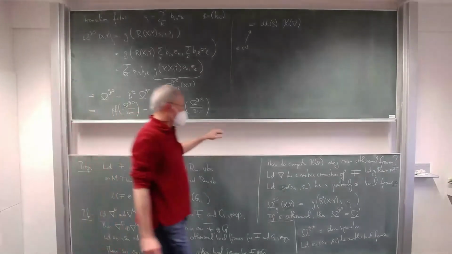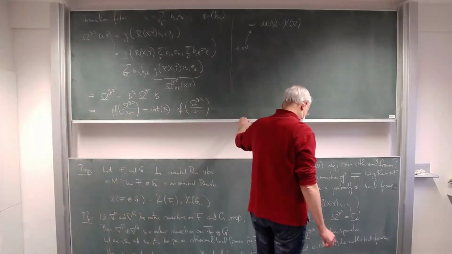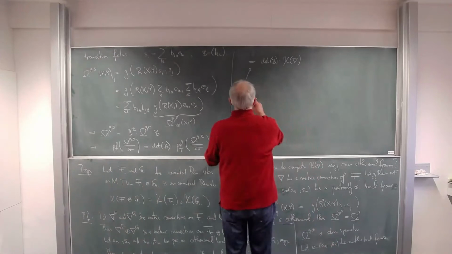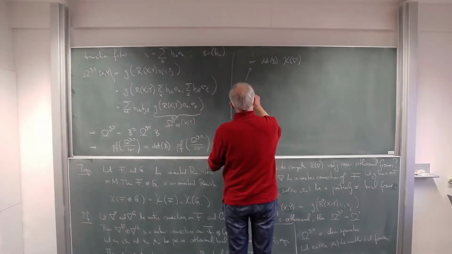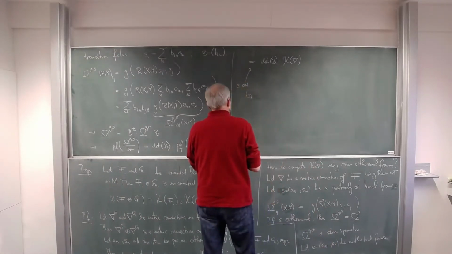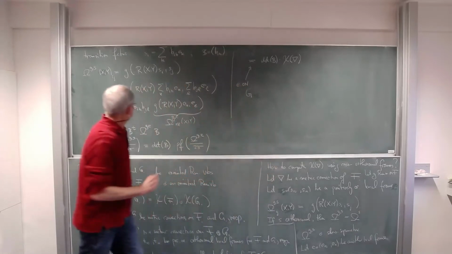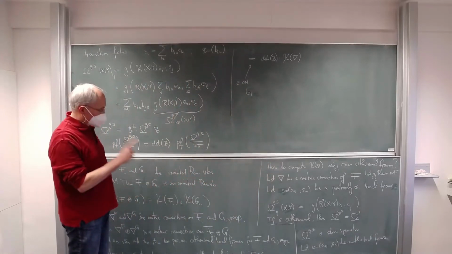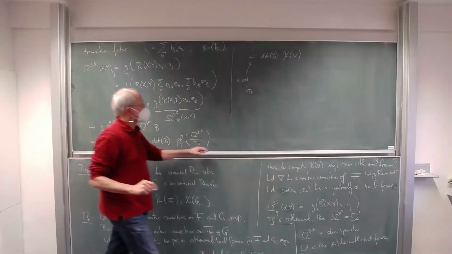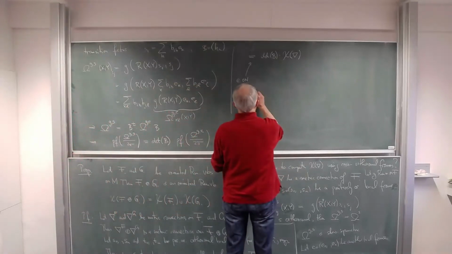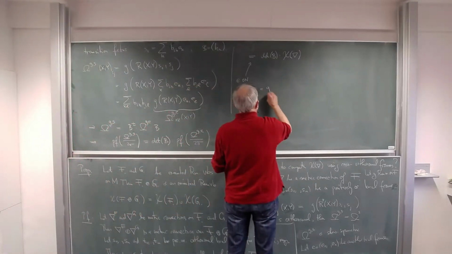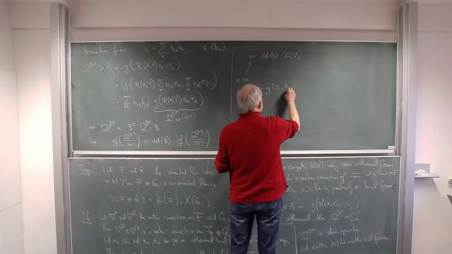Now let's see if we can interpret the determinant of B a little bit better. For that, let me introduce the matrix G, which is defined as the defining matrix for the metric in the basis S, in the frame S. In other words, I'm defining this to be g of s_i and s_j.